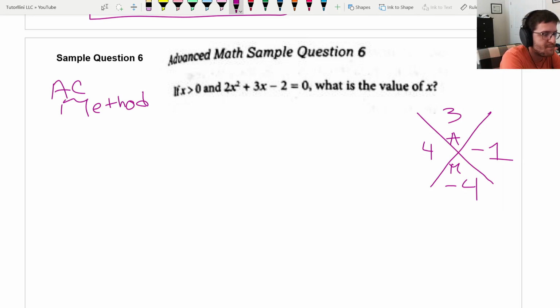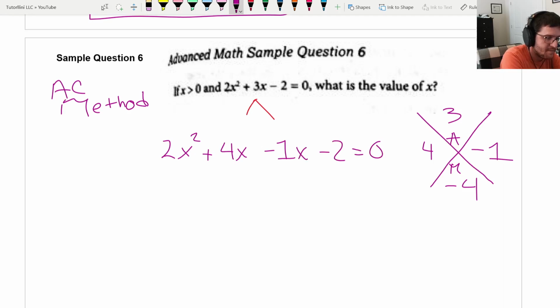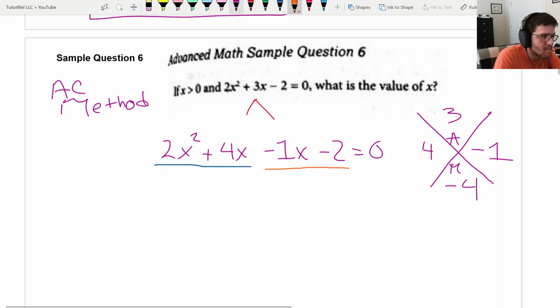Now we're going to split the bx term into those 2 numbers. So we're going to write 2x squared plus 4x minus 1x minus 2 equals 0. And now I'm going to factor by grouping. Let's do this one and this one.